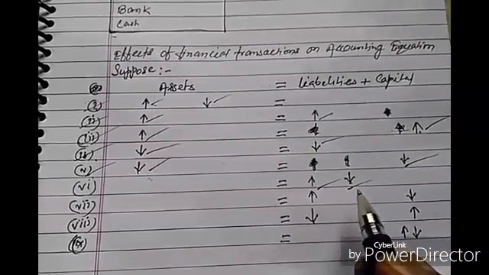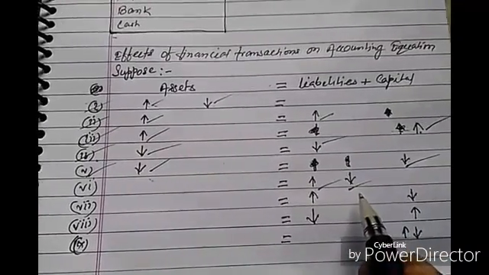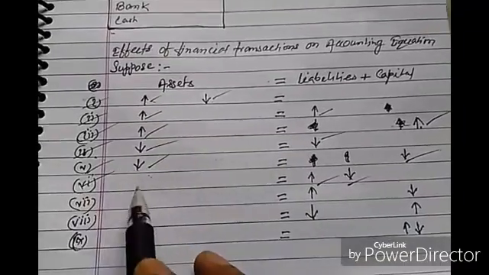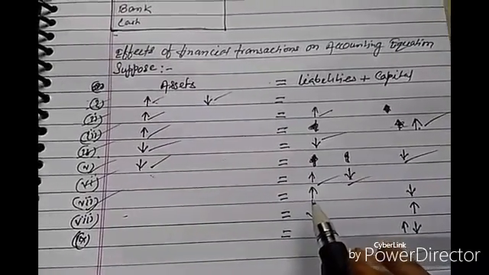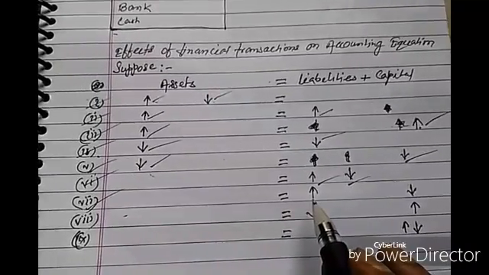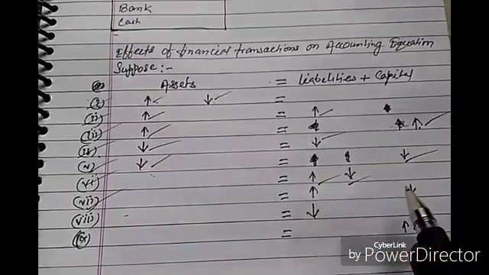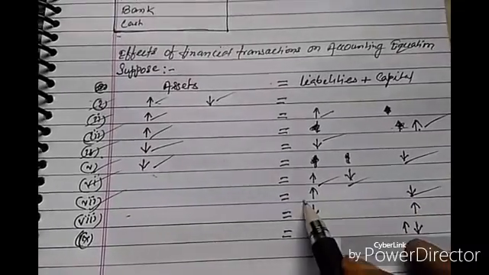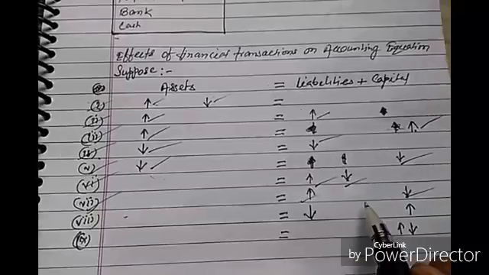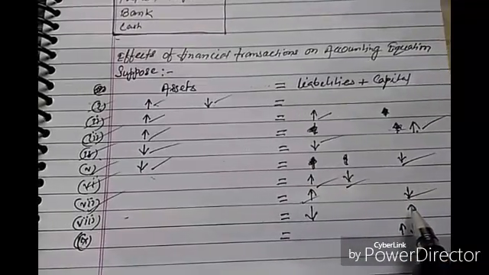That means bills payable endorsed. So seventh one, increase in liability, decrease in capital. That means outstanding expenses.